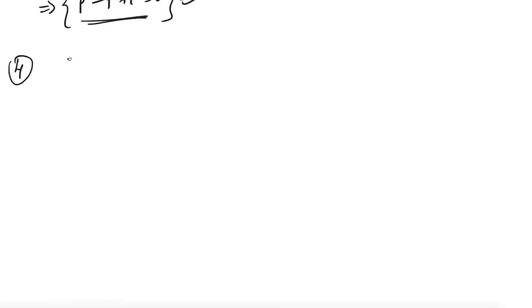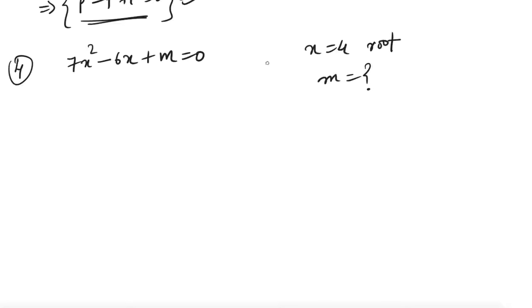Okay. So let us go through a last example of this type. Say I have 7x square minus 6x plus m equals 0, and it is said that x equals 4 is the root. So find the value of m. If x equals 4 is the root, it should satisfy this. So 7 into 4 square minus 6 into 4 plus m is equal to 0.